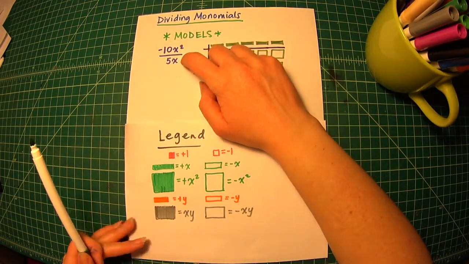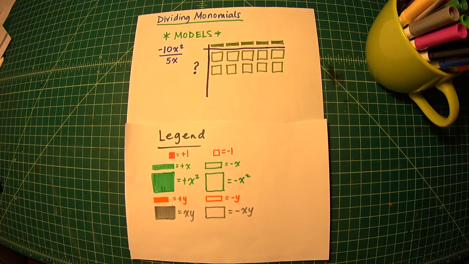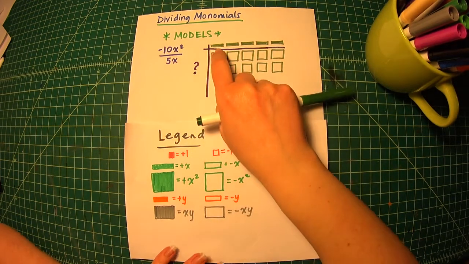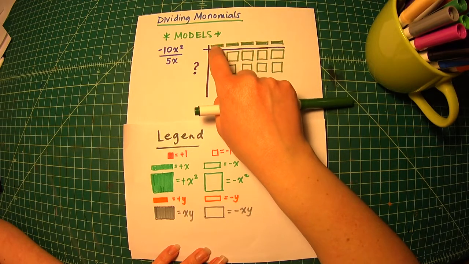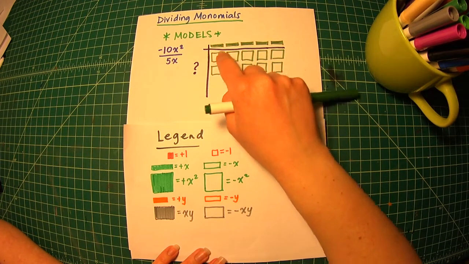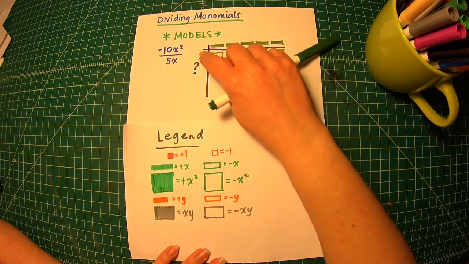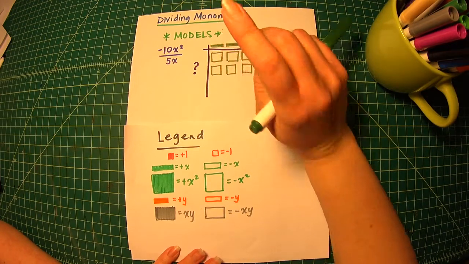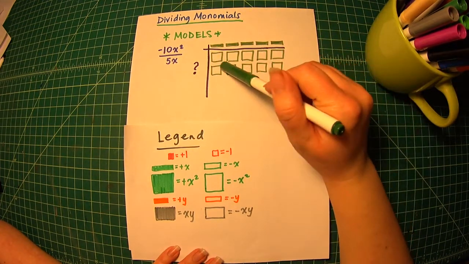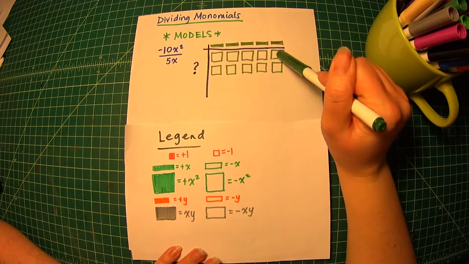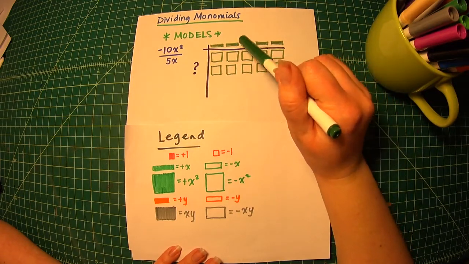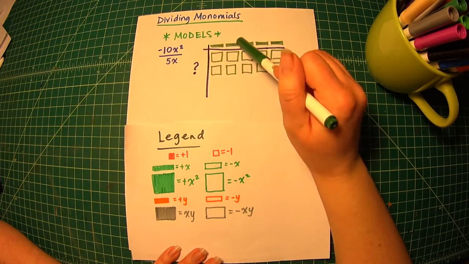Like I said, I need to figure out what's missing over here. That will be the answer to my division problem. I've got x up here, x squared here. To make an x squared, I need an x times an x. The other thing I know is that these are negatives inside. To make negatives on the inside, it needs to be a mismatch on the outside.